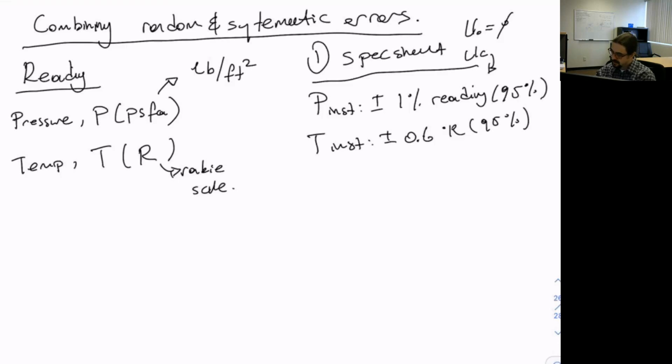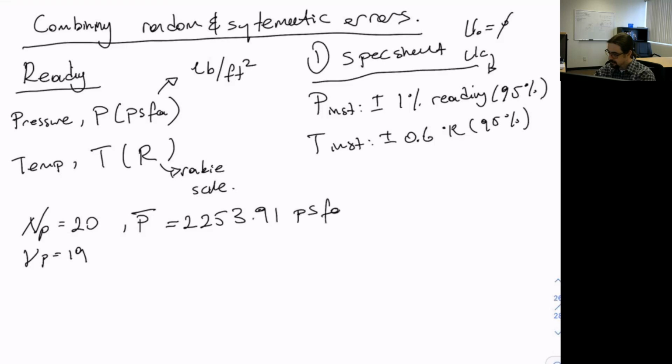Then I also take a bunch of different measurements. For pressure, I've taken 20 samples, which makes my degrees of freedom 19. I read a mean pressure value of 2,253.91 PSFA, and my standard deviation out of those 20 measurements is 167.21 PSFA.